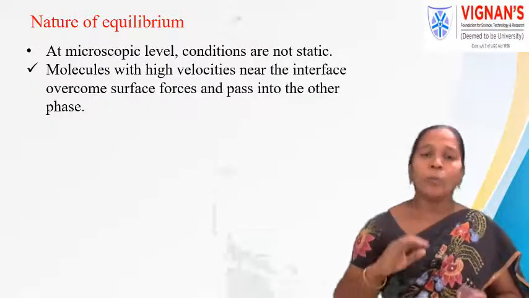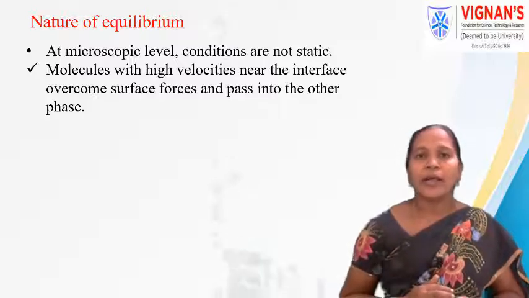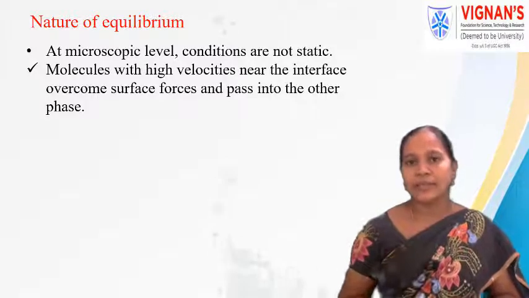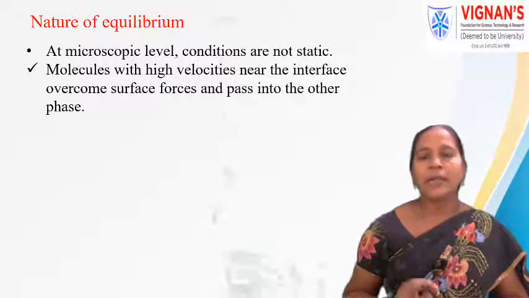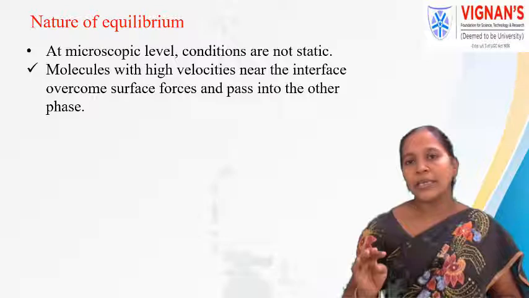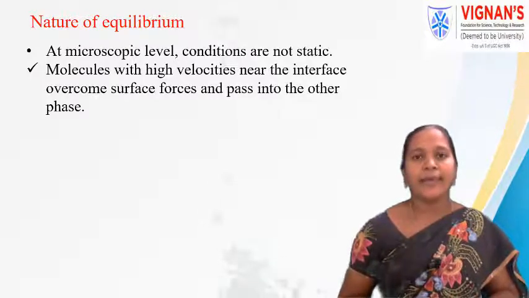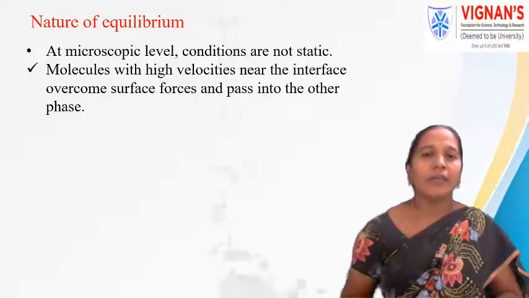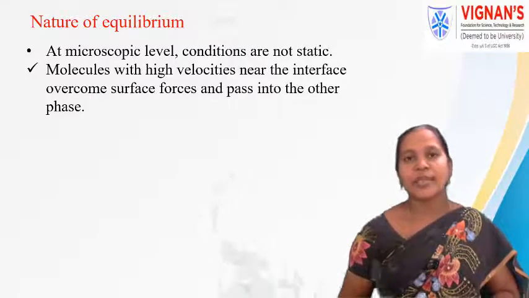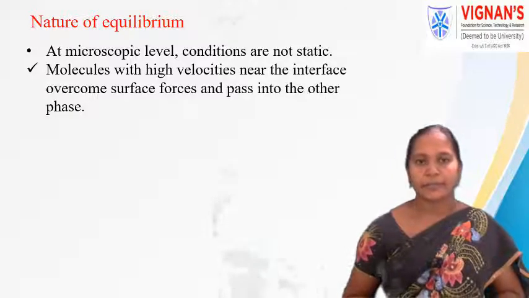Now coming to the microscopic level. At the microscopic level, conditions are not static. That means the conditions keep varying, but the level of variation is very minute. Molecules with higher velocities near the interface overcome surface forces and pass into the other phase.